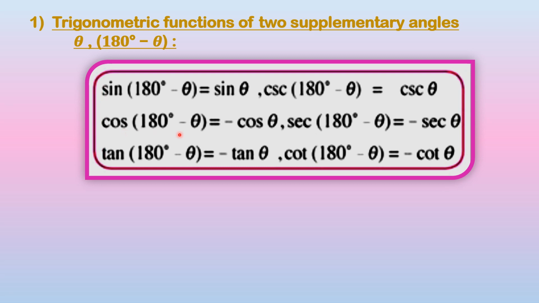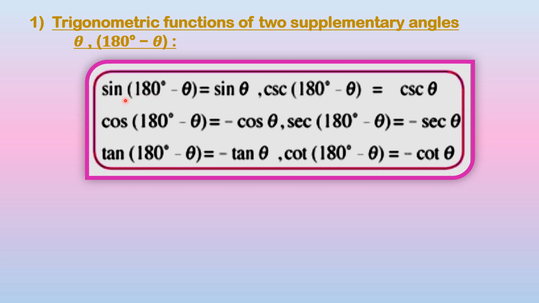Cosine 180 minus theta equals negative cosine theta. Sec 180 minus theta equals negative sec theta. Tan 180 minus theta equals negative tan theta. Cotan 180 minus theta equals negative cotan theta.